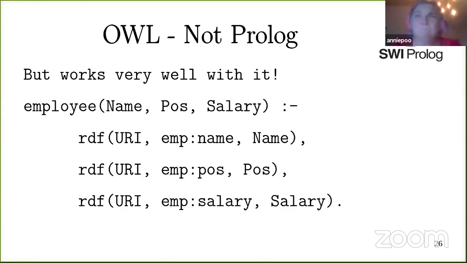So, a little more on beyond Prolog, and yes, we're getting towards the end. This is OWL, the web ontology language. Tim Berners-Lee's other idea. The web is great for humans, but what about computers?